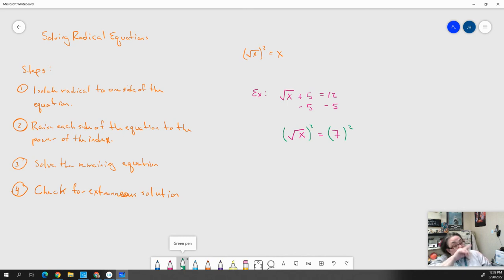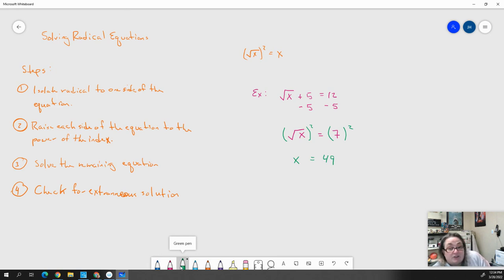What it does is it eliminates that radical sign. And so on this side, we are going to have x equals 7 squared. Well, 7 squared is 49. Okay, so x equals 49.